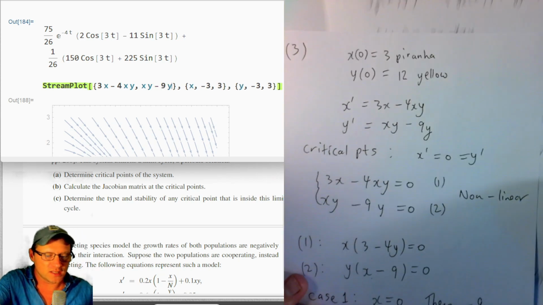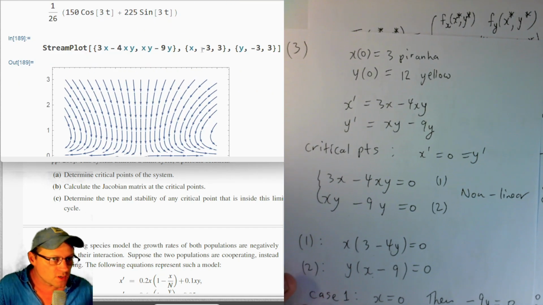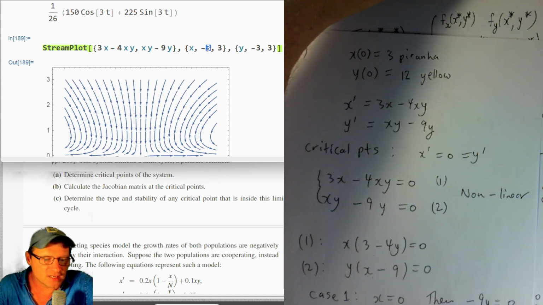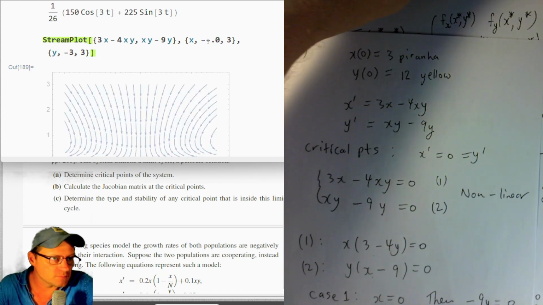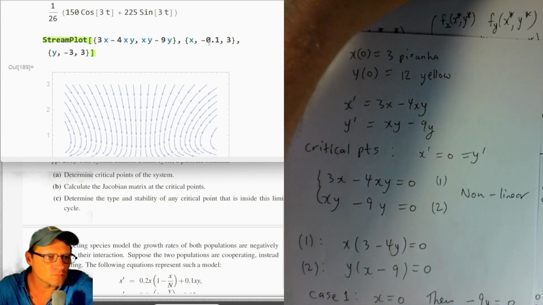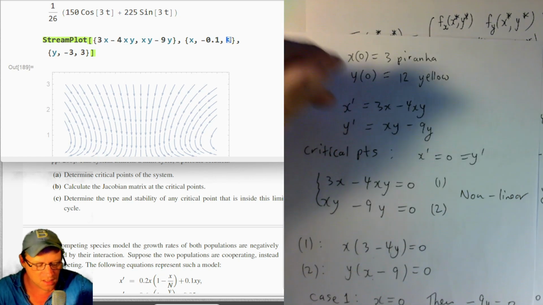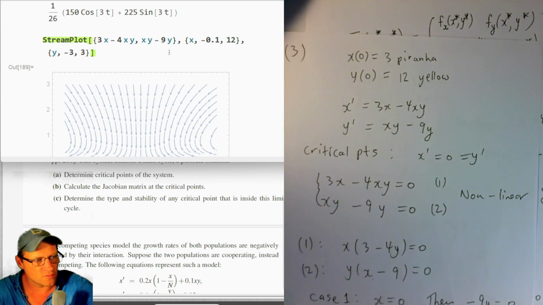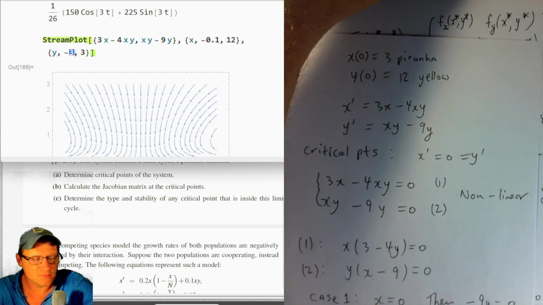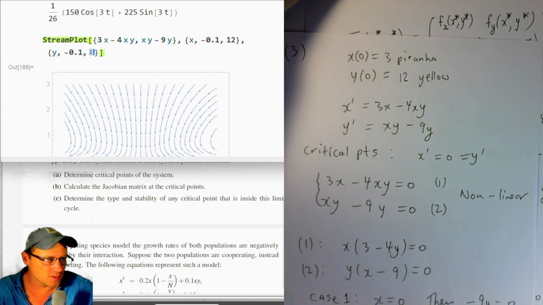Now I will press Shift and Enter. Now I want to take this as x goes from, say, minus 0.1 just beyond the 9, so let's go to 12 or so. And then y from minus 0.1 or so up beyond the 3/4, so let's take that at least to 1 or 2.